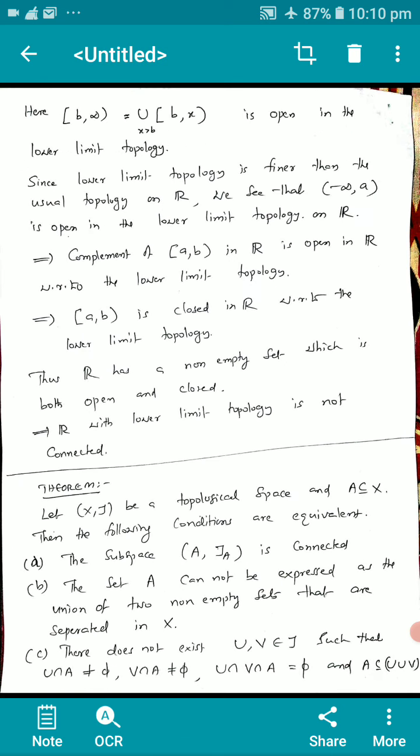One more theorem. Let X be a topological space and A a subset of X. Then the following conditions are equivalent. A: the subspace (A, tau_A) is connected.